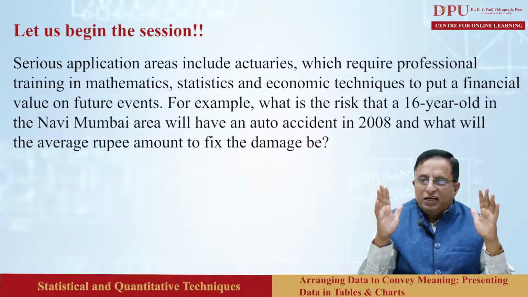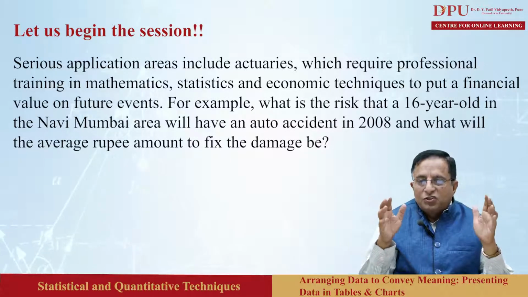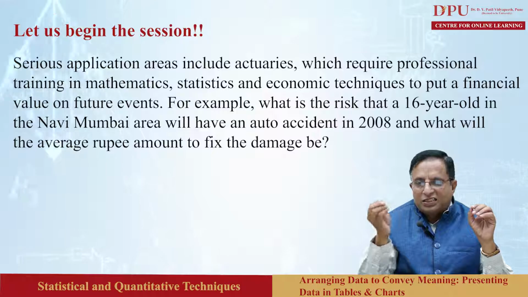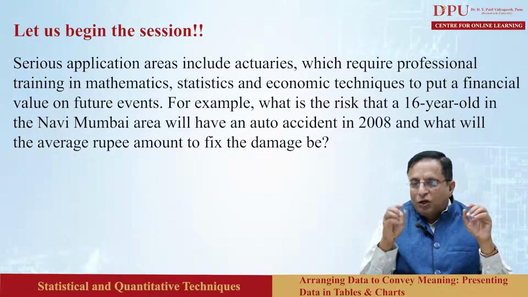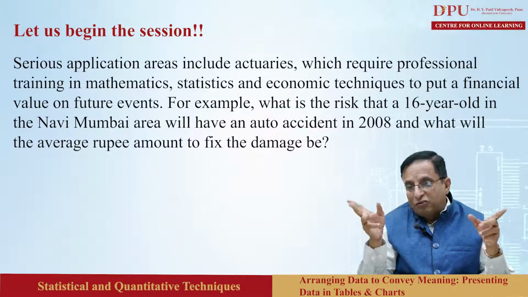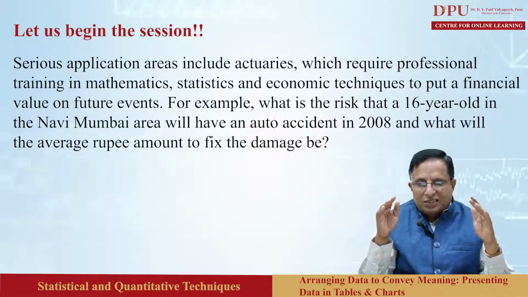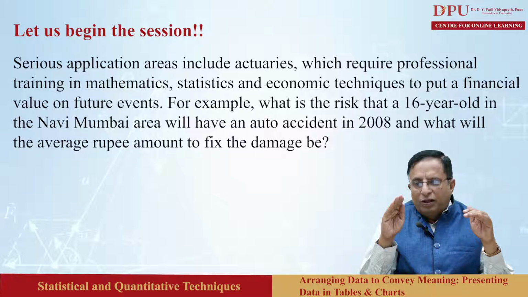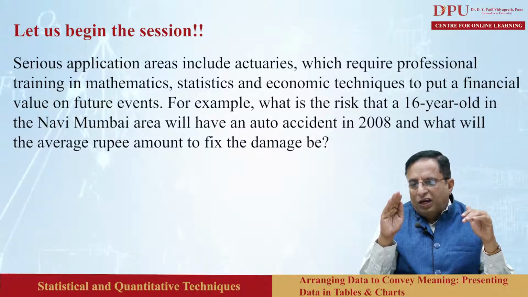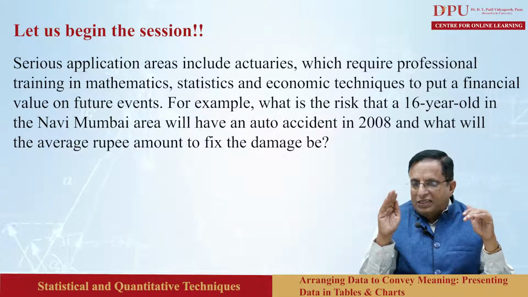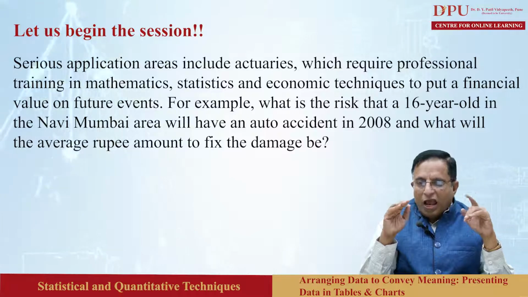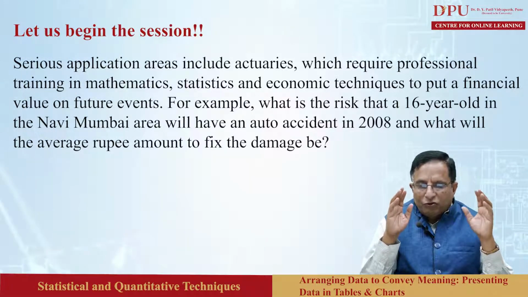Serious application areas include actuaries, which require professional training in mathematics, statistics and economic techniques to put a financial value on future events. For example, what is the risk that a 16-year-old in the Navi Mumbai area will have an auto accident in 2008? And what will be the average rupee amount to fix the damage?